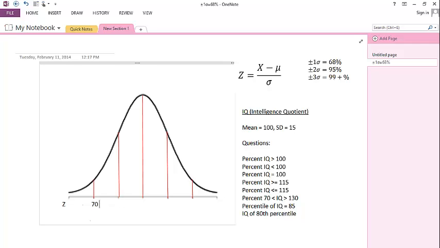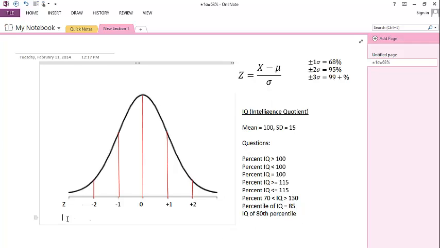Sorry. This is minus 2, minus 1, 0, plus 1. These are standard deviations or z-values, same thing.